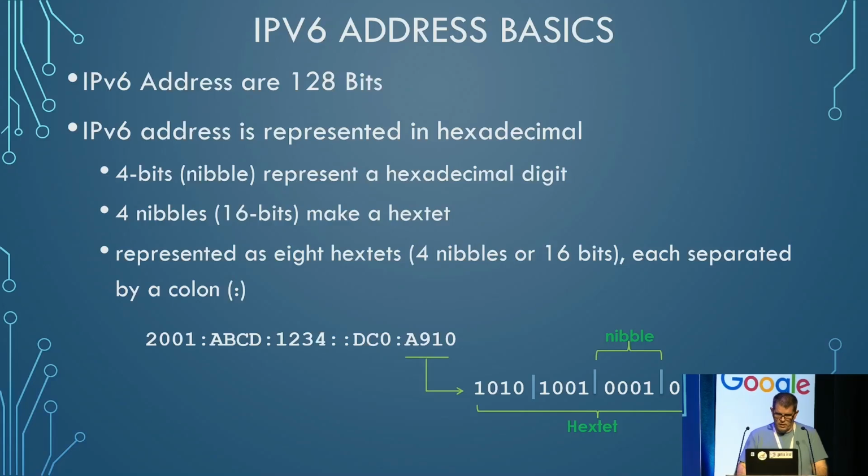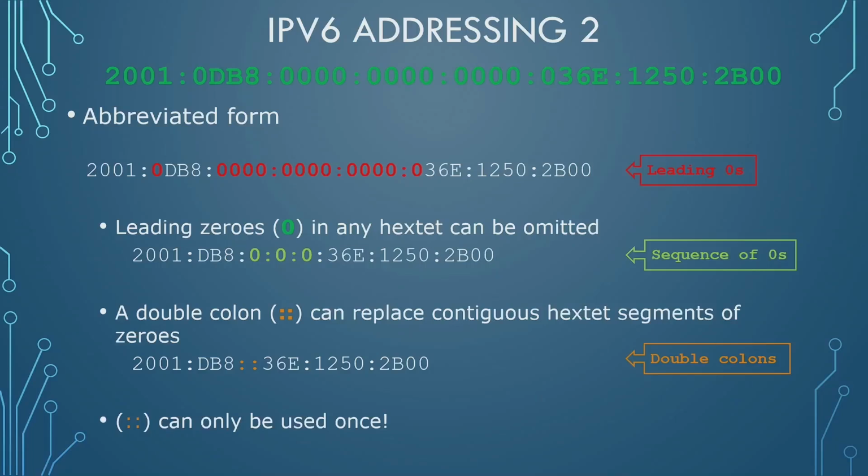Each digit is made up of 4 bits, or a nibble, to represent a hexadecimal digit, and you have 4 nibbles, or 16 bits, that make up a hextet. An address is represented as 8 hextets, each separated by a colon. So we have these big long addresses, but they can be shortened.